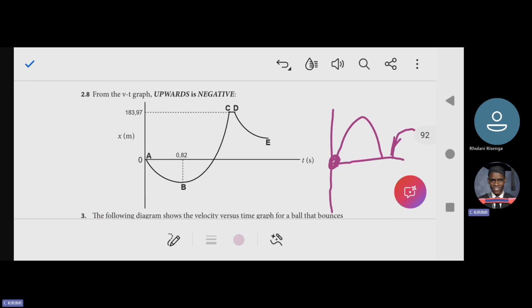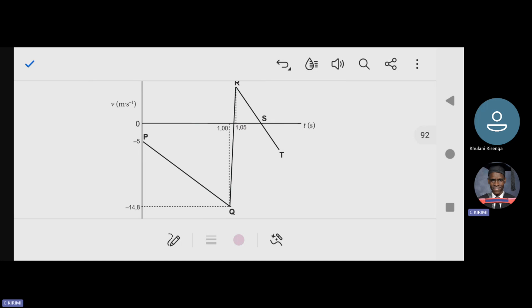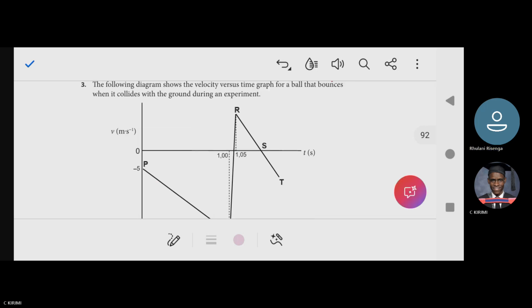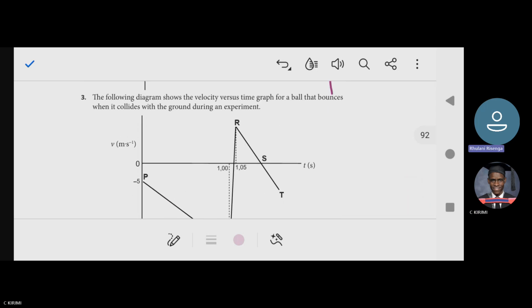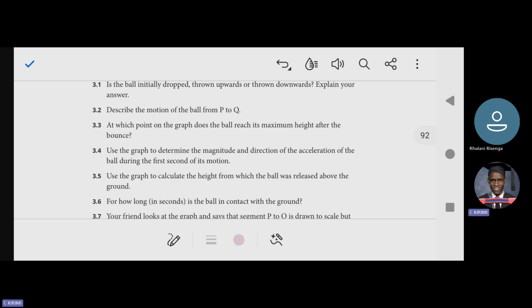Take upwards as negative. This one shows the bounce. How many bounces? Only once. There's one bounce, contact with the ground. The contact time is 0.05 seconds.